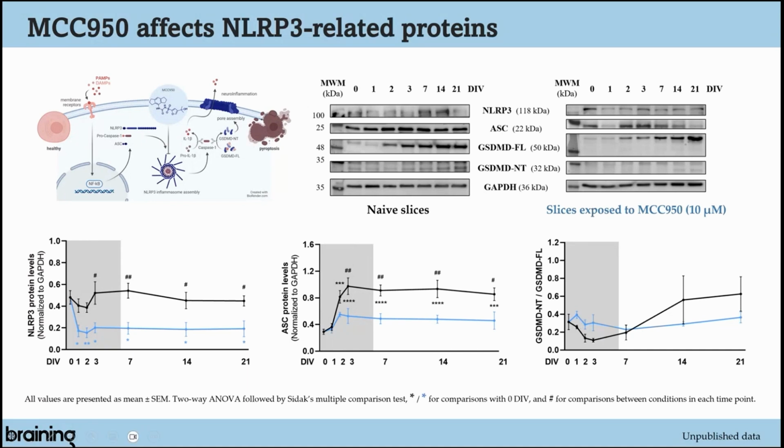So MCC 950 seems to prevent gasdermin cleavage. Everything stays exactly the same as at the beginning of the culture, which makes sense because MCC 950 impairs the activation of NLRP3, and NLRP3 is responsible for giving rise to the active Caspase-1 that cleaves gasdermin. So it seems that pyroptosis is really decreased in MCC-exposed slices.